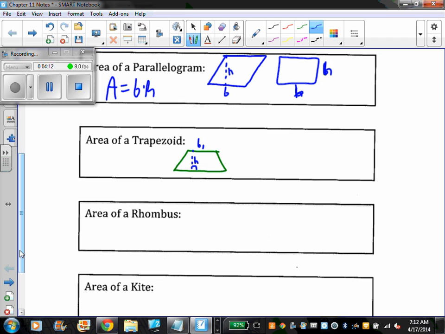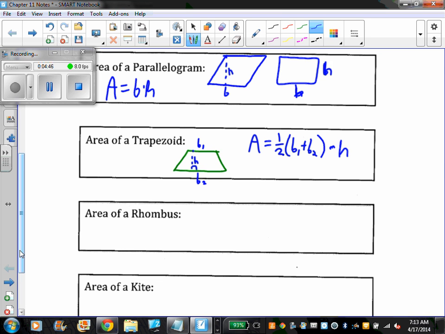So we're going to call the top one B1, the bottom one B2. And when we do that, the way we find the area is we're going to take 1/2 of B1 plus B2. Now, if you think about what that's doing, we're taking the two bases, we're adding them together, and we're dividing by 2. We're finding the average of the two bases for that first part. And then we multiply by the height. And that is the area of a trapezoid. That's all you have to do there.